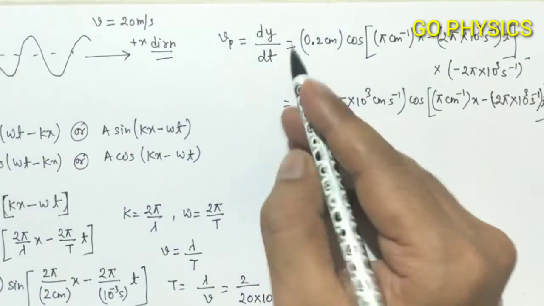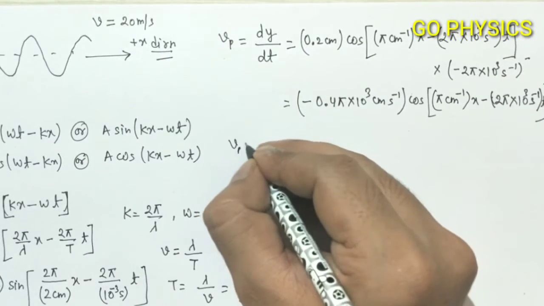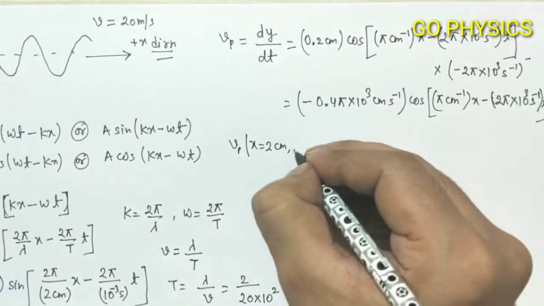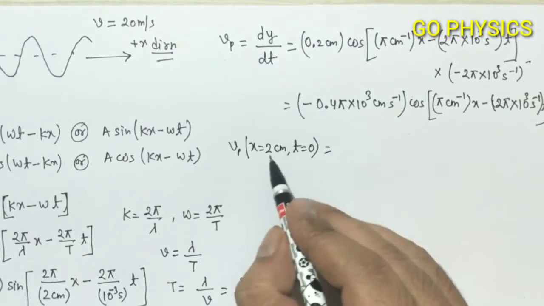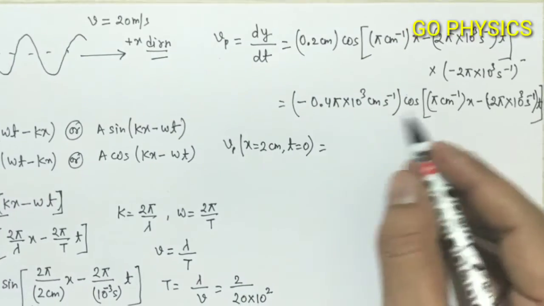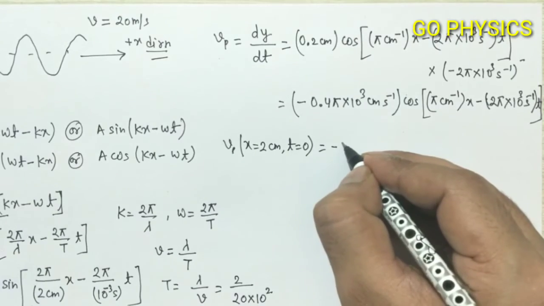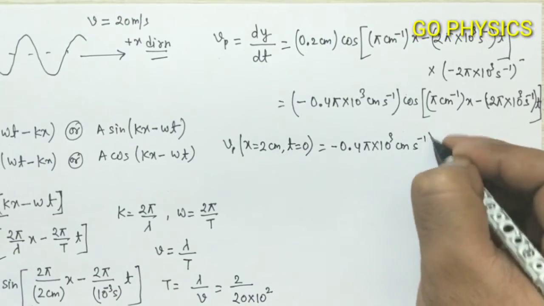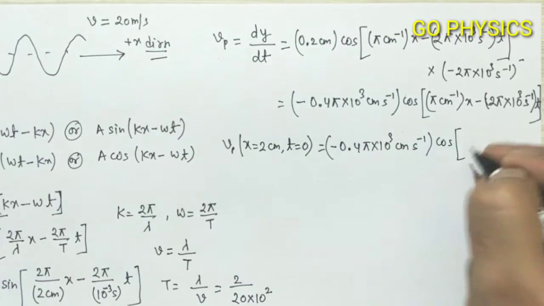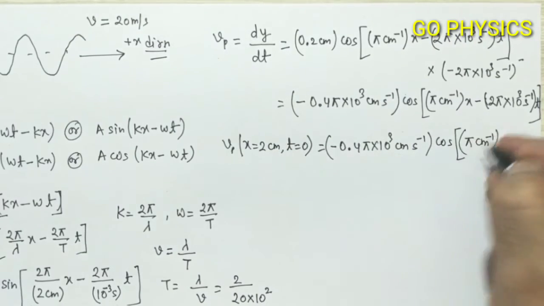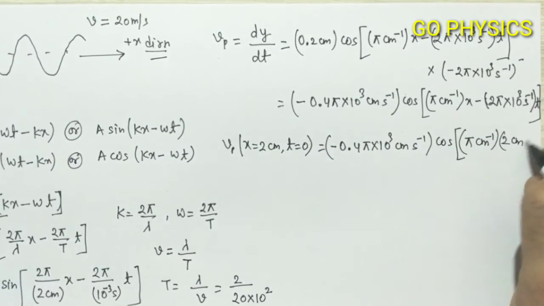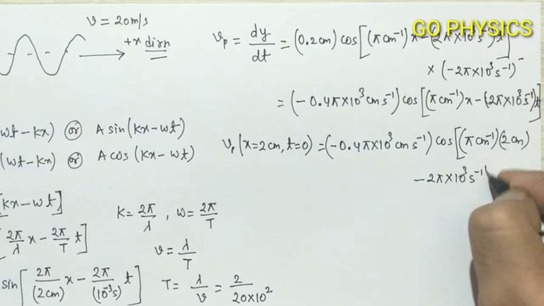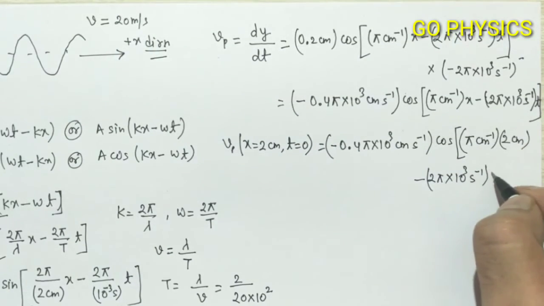Now we have to find this velocity of the particle at x equal to 2 centimeter and at the same time, t equal to 0. So now we substitute these values in the equation: minus 0.4 pi into 10 to the power 3 centimeter second inverse cos (pi centimeter inverse, x equal to 2 centimeter, minus 2 pi into 10 to the power 3 second inverse, and t equal to 0).